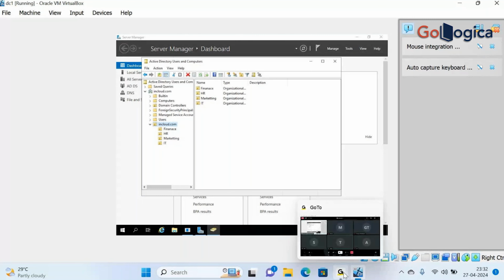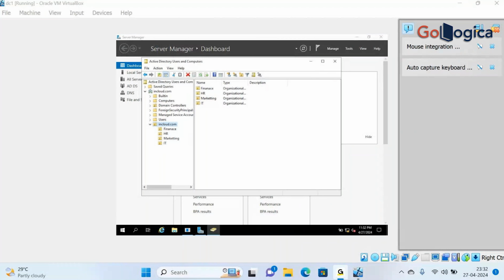Yeah, you created finance, HR, marketing, and IT. That is fine. And inside those, you are supposed to create your users. You created finance Muskan, HR Muskan 2, Muskan 3, Muskan 4. Muskan, you can do one thing: give some meaningful names, so it is quite easy for you to understand which user belongs to which department.